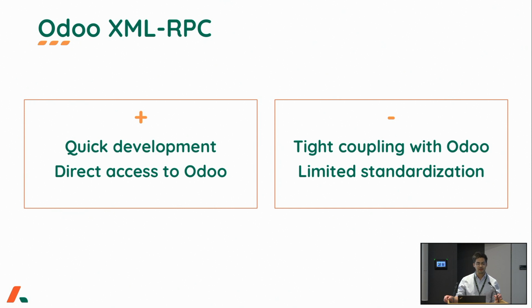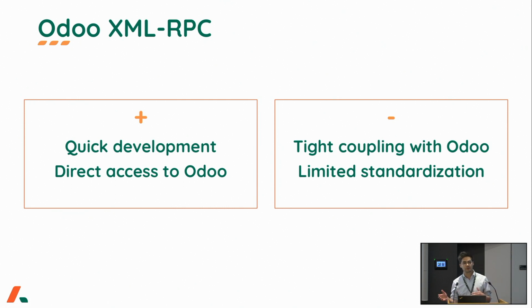it allows you to define an API, and you'll be able to quickly develop it, because Odoo XML RPC is really friendly for someone who is used to developing Odoo models. And moreover, Odoo XML RPC offers the developer the possibility to directly access your Odoo.